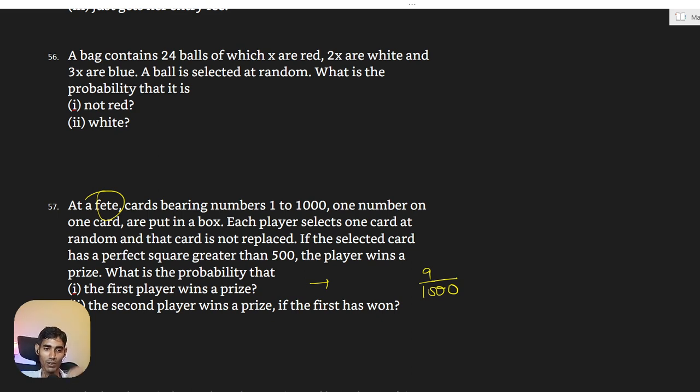Probably it's working now. Okay. Any better by any means?